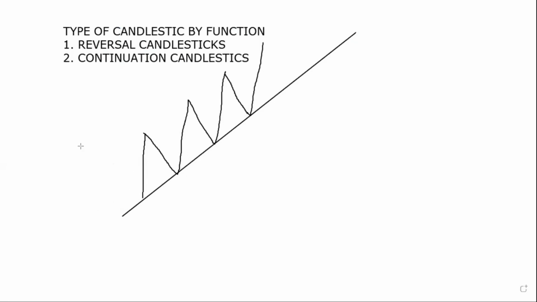Now, this move, first move, is called impulse. This is impulse, and this is a retracement. So it's a series of impulse, retracement, impulse, retracement, impulse, retracement.